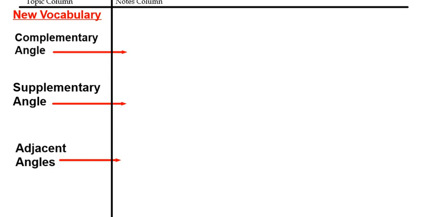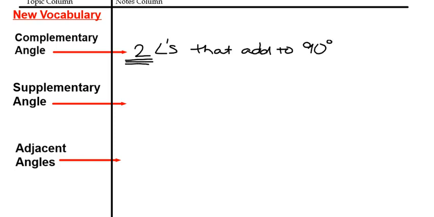The first one that we're going to talk about are complementary angles. Those are 2 angles that add to 90 degrees. It is very important that you have 2 angles that add to 90 degrees. So, if I give you this picture right here, is that complementary?